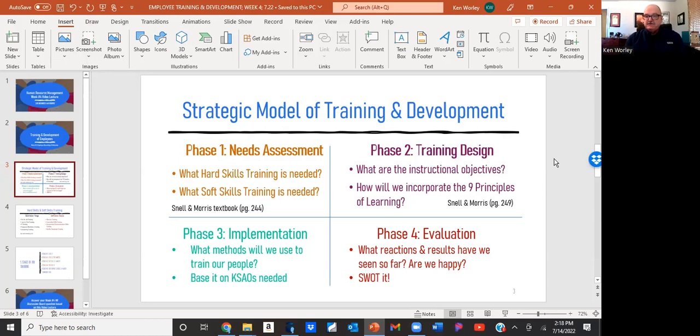Okay? Phase 2, now we're starting to ask the kind of questions of what are the instructional objectives? We've now decided what the hard skills and the soft skills are that we need our employees to learn, or maybe a specific employee that you have just onboarded. But now what are the instructions going to look like?